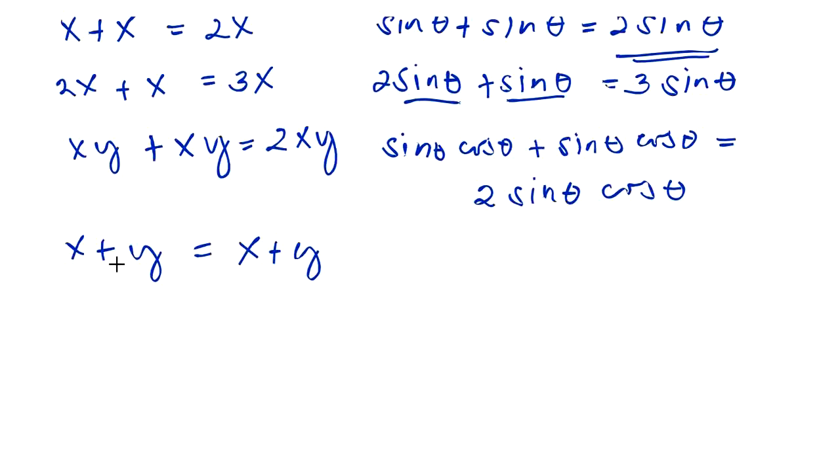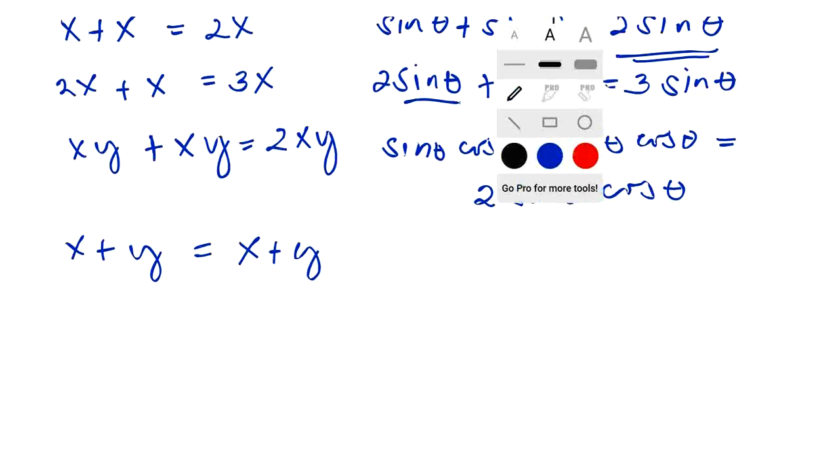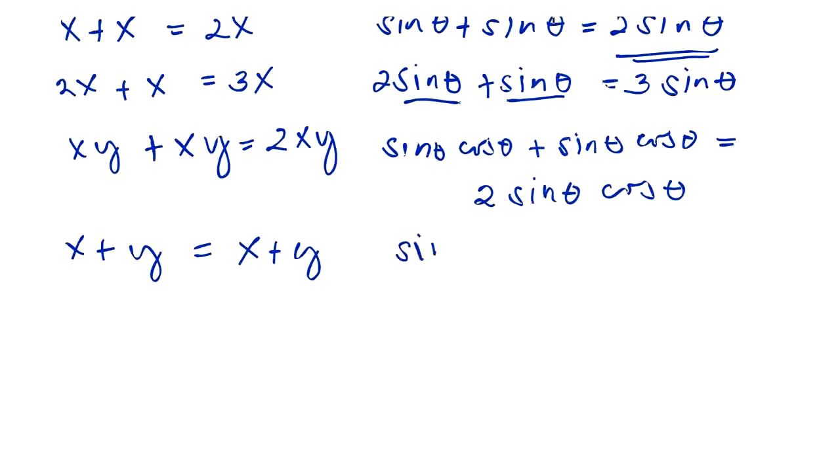Ganon din yan kapag functions ang meron ka. Like for example, you have sine theta plus cosine theta. Ang sum mo dyan, ganun din. Sine theta plus cosine theta. Kasi hindi mo yan pwedeng makombine.